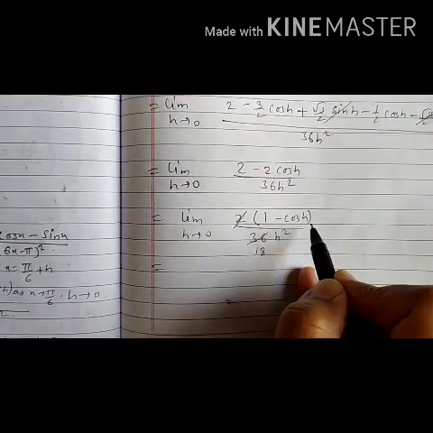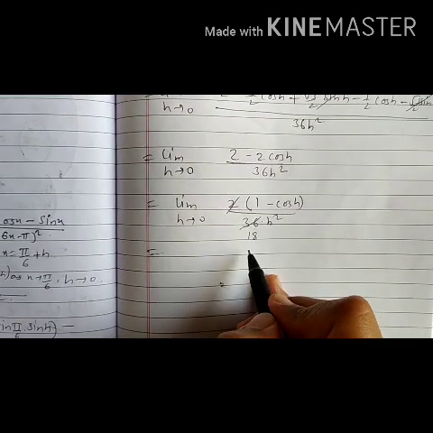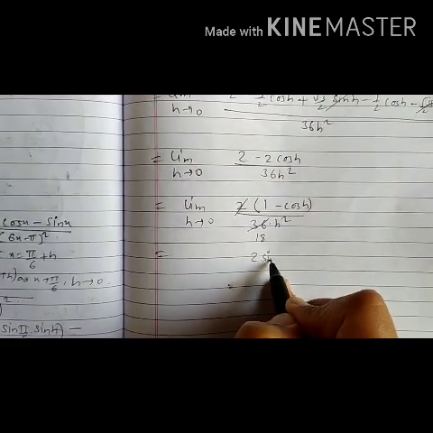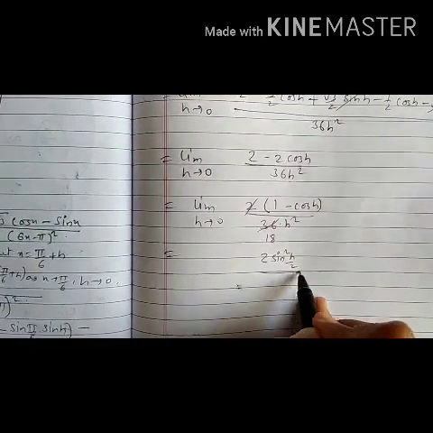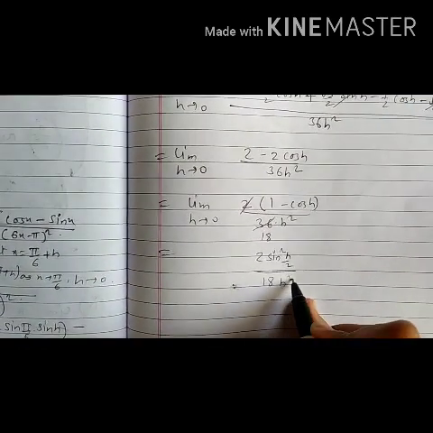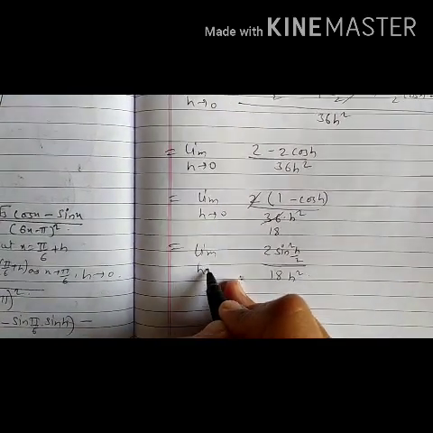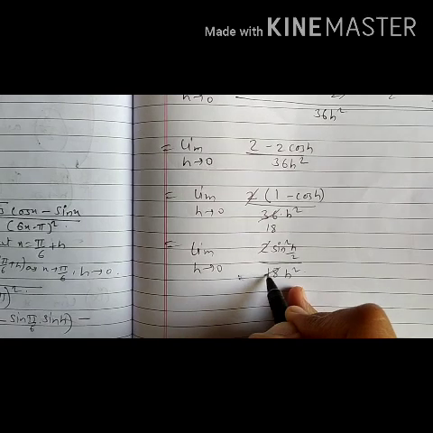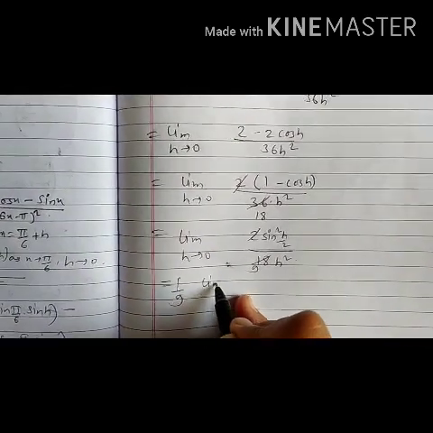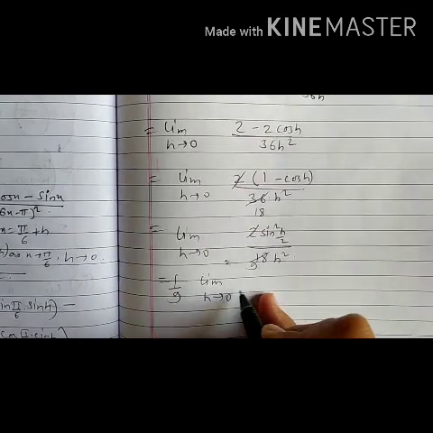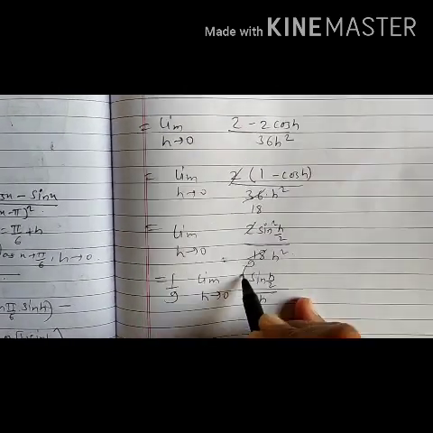We know that 1 minus cos theta is 2 sin square theta by 2, so it is 2 sin square h by 2, upon 18 times h square. Now limit as h tends to 0, 2 9s are 18. Now we'll write here 1 by 9 as it is, limit as h tends to 0, now we'll write (sin h by 2 upon h) bracket square.